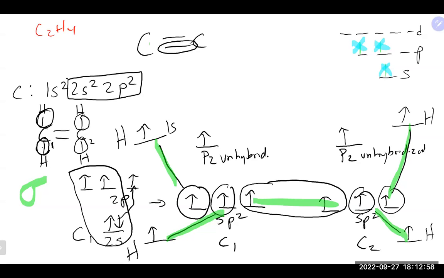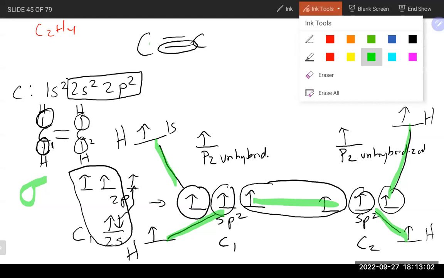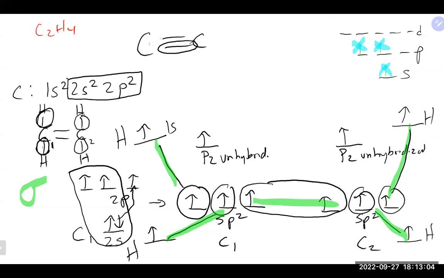I still have one more bond I need to account for, which is really the second line for our double bond. What is left to make that double bond line from? The only electron that's not accounted for in each of these carbons is in the unhybridized p orbitals.